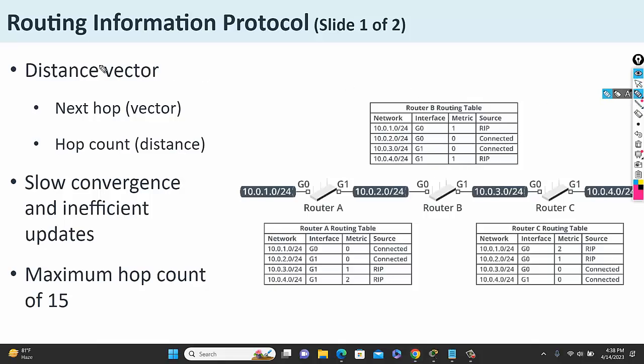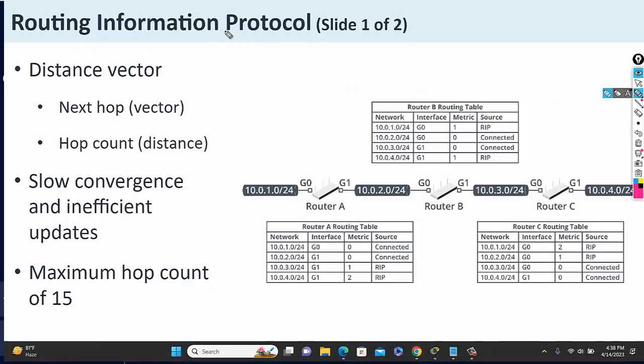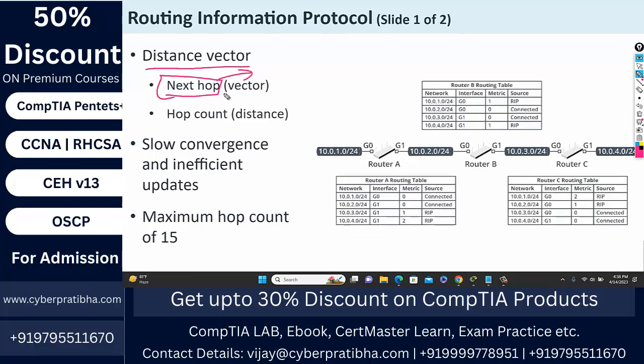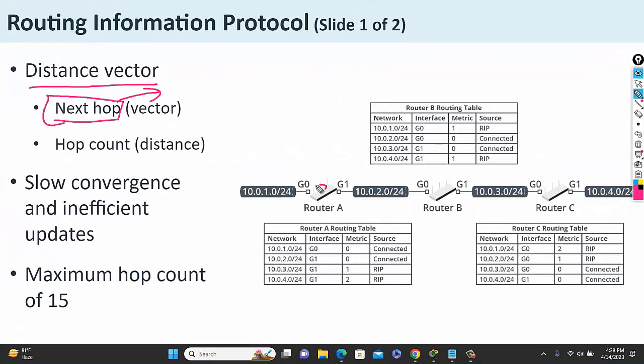Routing Information Protocol, or RIP, is a distance vector protocol. When it selects the best path, it uses the next hop, or the counting of the hops. For router A, router B is the next hop.